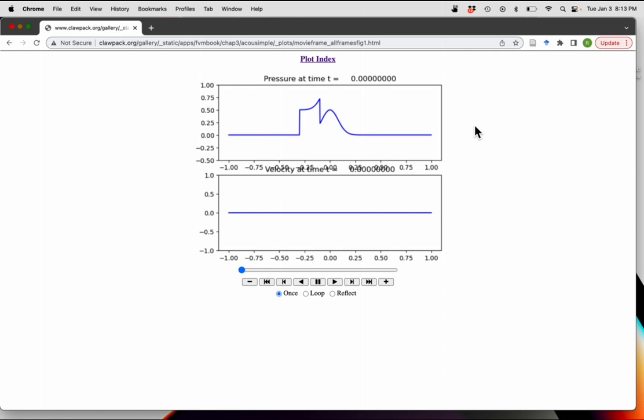And remember, when we start with 0 velocity in the acoustics equations and any arbitrary pressure disturbance, the pressure splits into two equal parts, one moving to the right with positive wave speed, and also the velocity is a positive multiple of the pressure. The wave moving to the left is moving with negative wave speed, but also the velocity is the negative of the pressure times some multiple depending on the impedance.